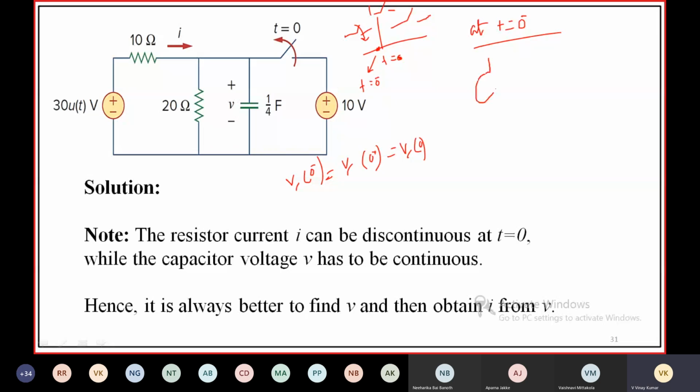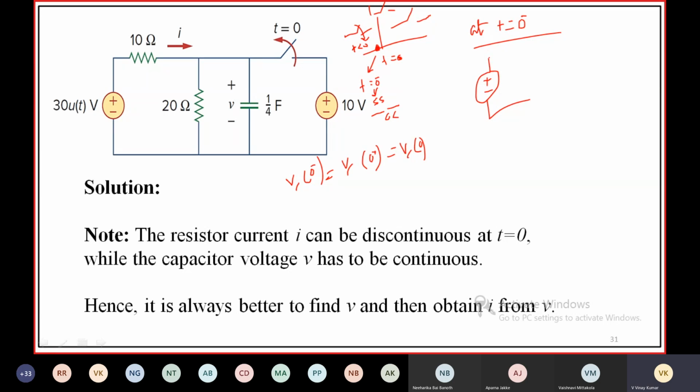Steady state occurs, because for t less than 0 the final value occurs at this instant. In steady state DC, the capacitor acts as an open circuit.